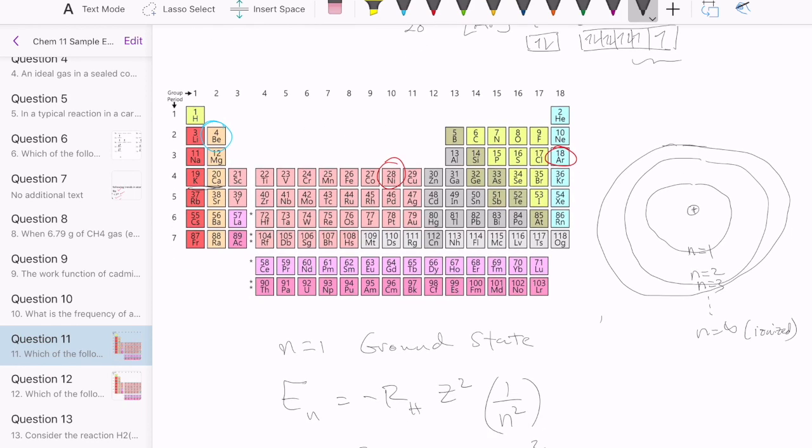You remember that n equals 1 is called the ground state, n equals 2 is called the first excited state, and n equals 3 is called the second excited state. So really we're asking about an energy transition that occurs when an electron from this level falls back to the ground state, which is n equals 1. So it goes from 3 to 1.